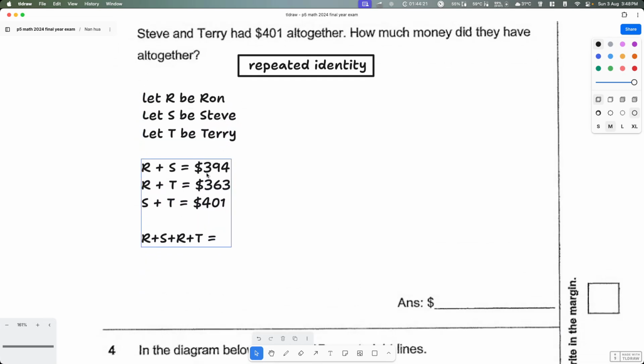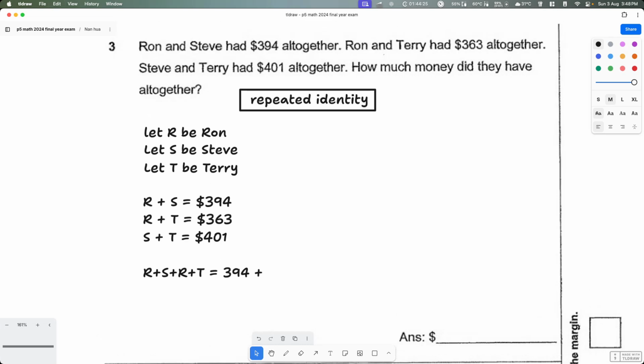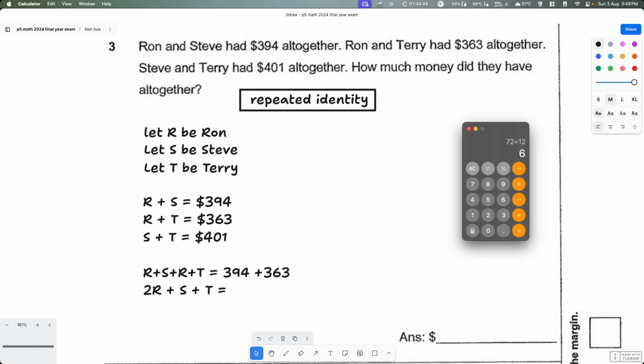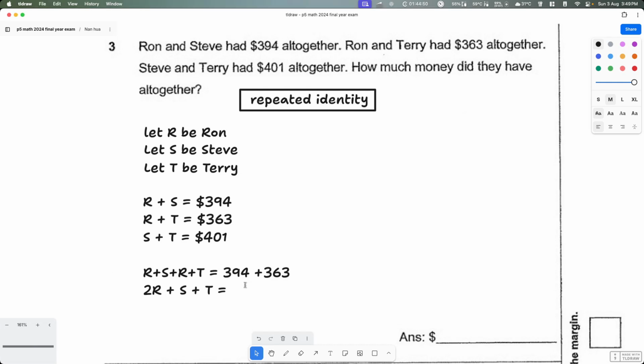Yes. So we have 2 R's and 1 S and T. So this will be 2R plus S plus T equal to 394 plus 363. Use our handy dandy calculator, right? 394 plus 363 equal to 757.